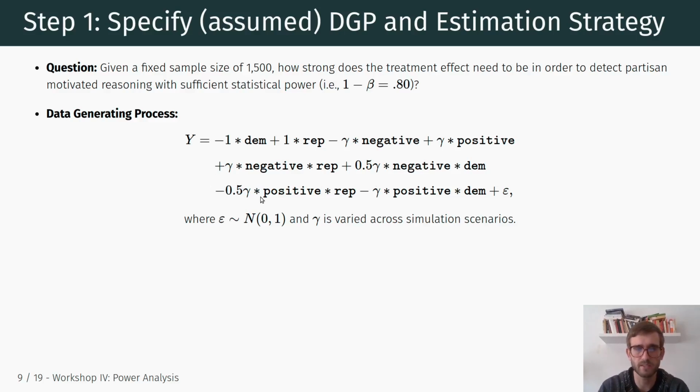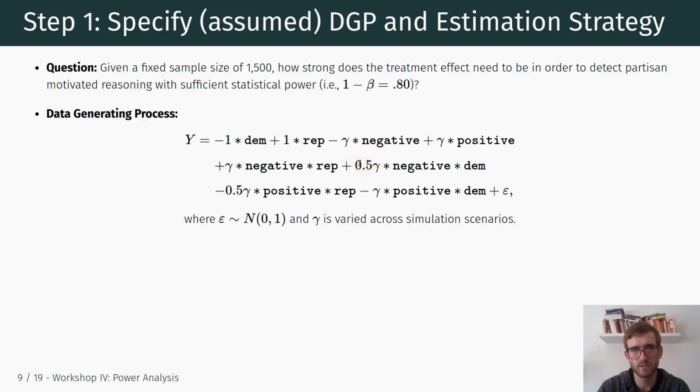Similarly, for Republicans, people who identify as Republicans already have a positive evaluation of the Trump administration. So in the case where they're assigned to the positive framing condition, the effect of that frame will be slightly reduced in the sense that there's a ceiling effect and they will not be even more positive towards the Trump administration.